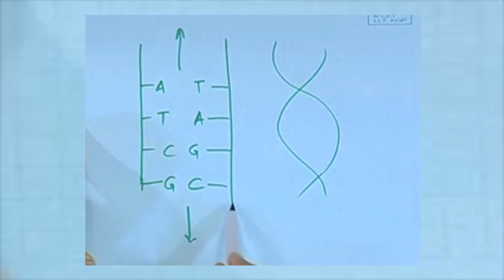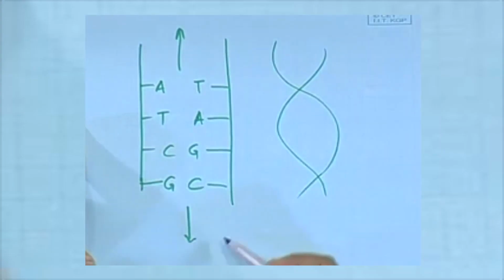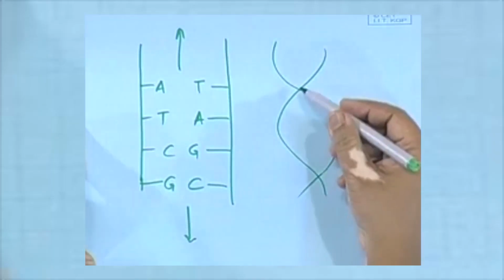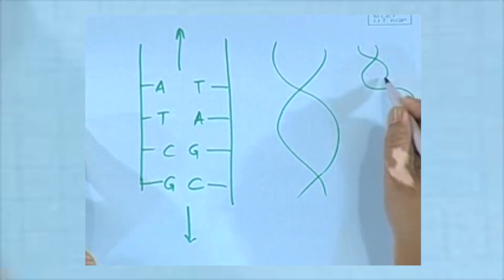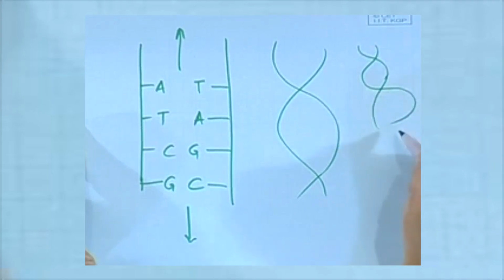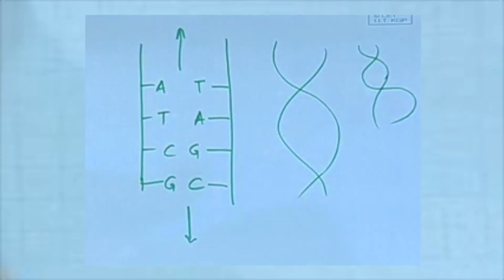But if it so happens that this part is complementary, but this part is not, then what are you going to have here? You are going to have some part that looks like a proper double helix, but some part that is sticking out like that, right. So, then you would have a bulge, you would not have a proper renaturation. Okay.